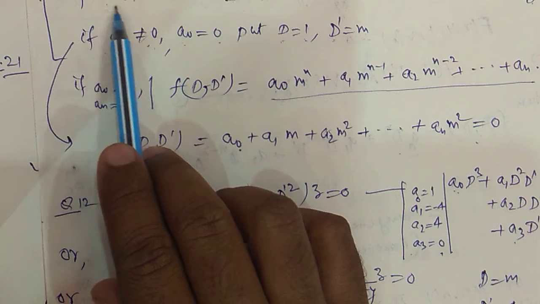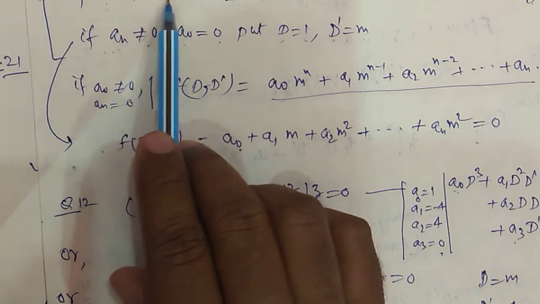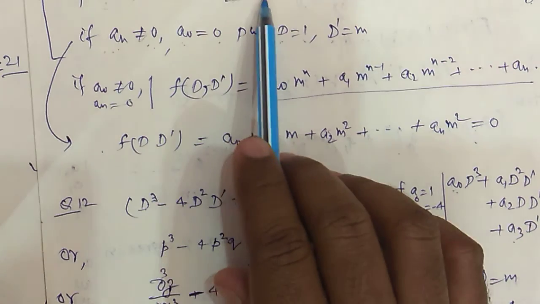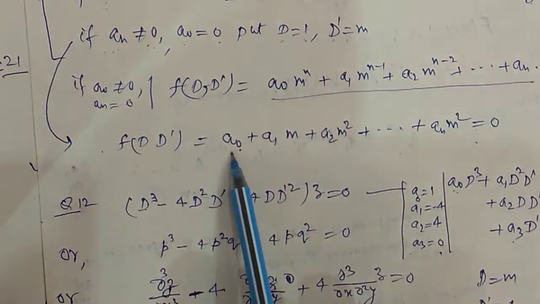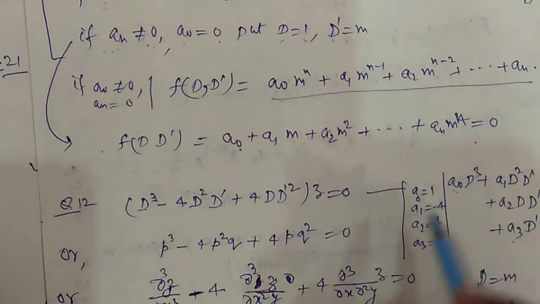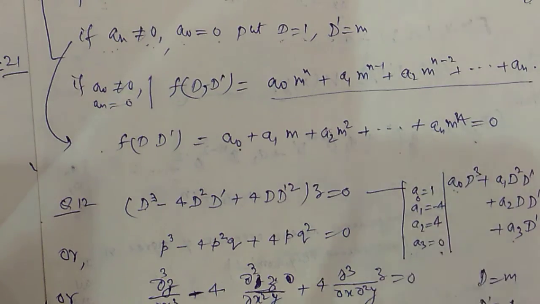Suppose we have the first case, a0 is non-zero and an is 0. Then we get the auxiliary equation by putting D equal to m and D dash equal to 1. Then the equation becomes a polynomial in m, so it has n roots.